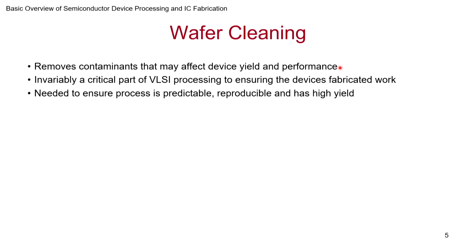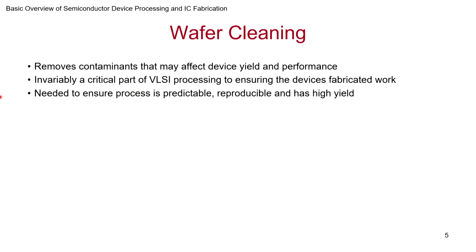And we have seen that it plays a very crucial role, and sometimes the whole process parameters change if it is not cleaned properly. Invariably, a critical part of VLSI processing is ensuring this will ensure that the device fabricated will work as it should. And one of the critical parts is to clean the wafer properly.